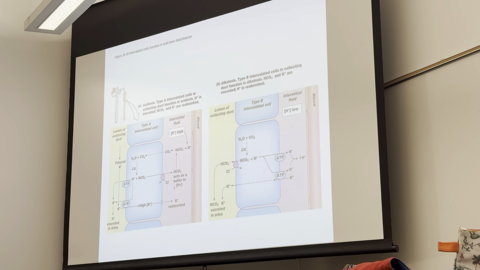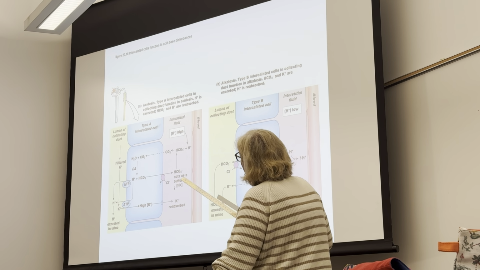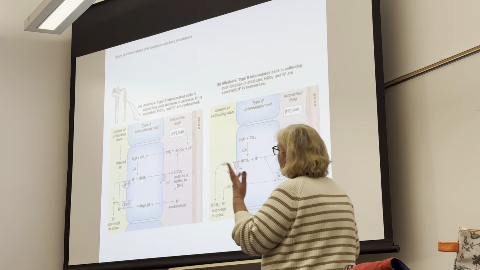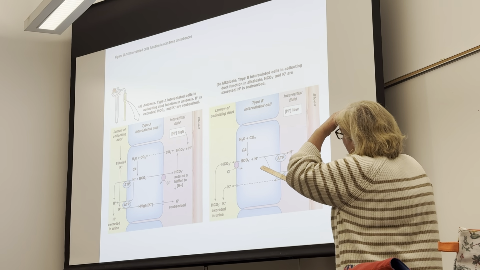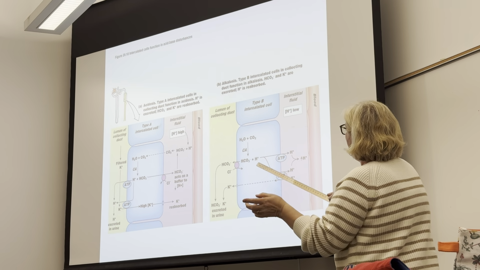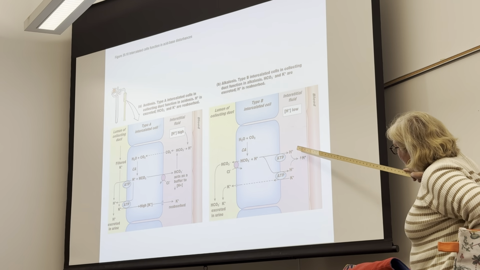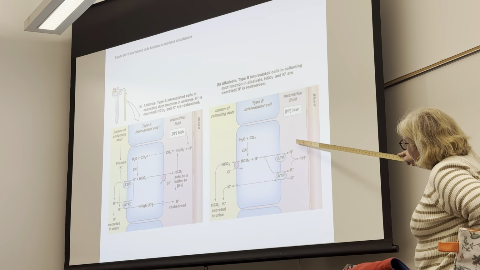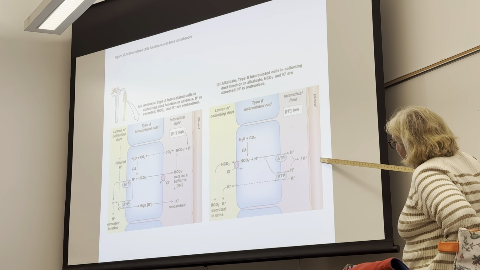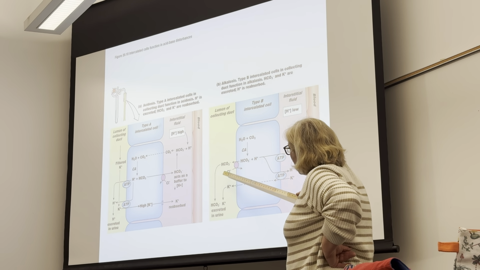So in acidosis, this is basically what we talked about, right? But there are multiple transporters, not just one. In alkalosis, when we have a situation where we need to enrich the blood with hydrogen, even though this doesn't show going to the blood, but remember I was telling you, if it's an ECF, it'll go here too. So this is actually a slightly different transporter.